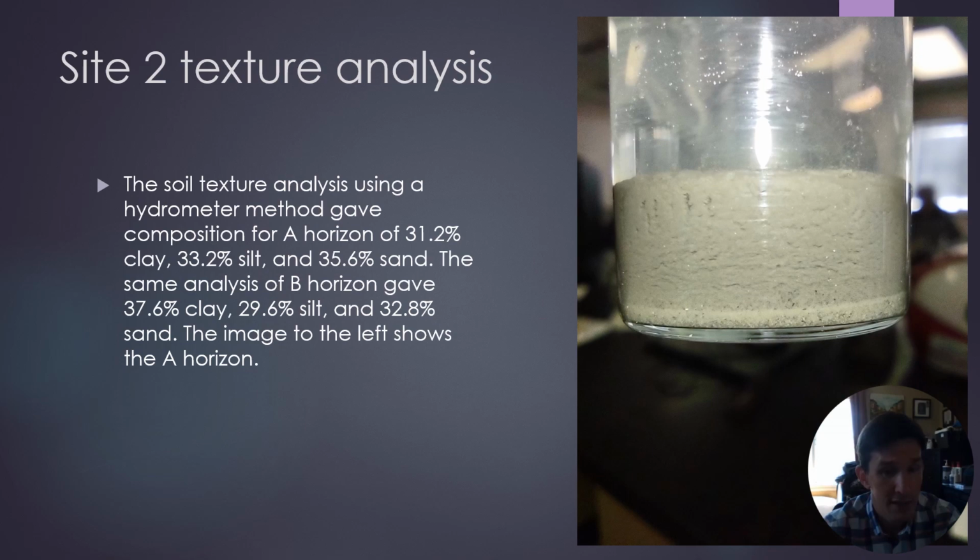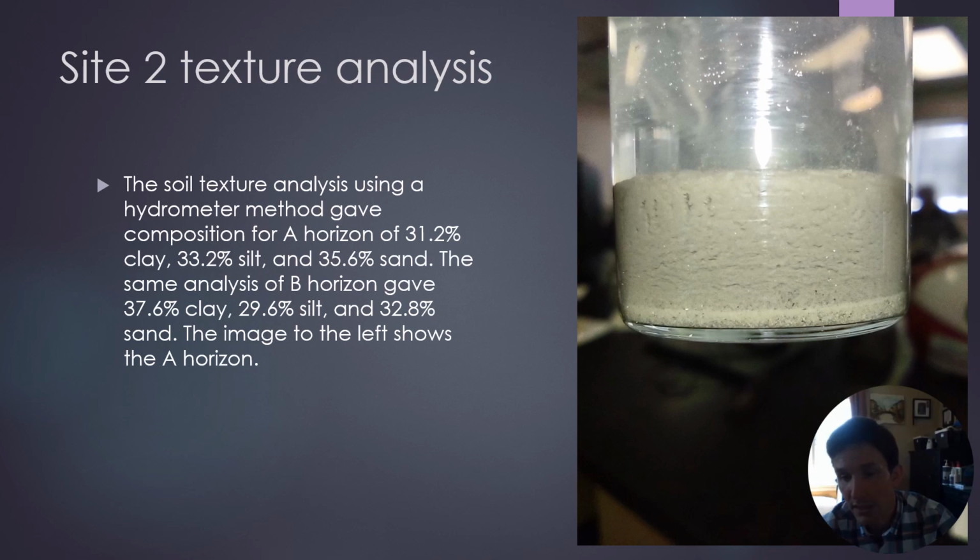The B horizon, however, we can clearly see that we have more clay, and although in percent it's not a huge difference, it was perhaps a different type of clay. Maybe we have more of a 2-to-1 clay, that makes it very sticky.